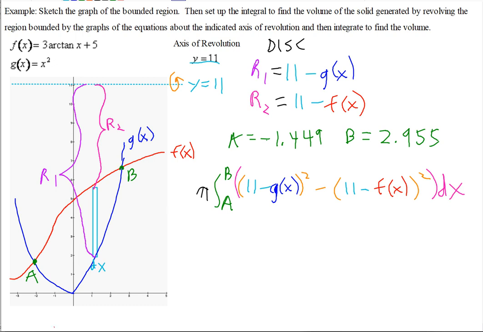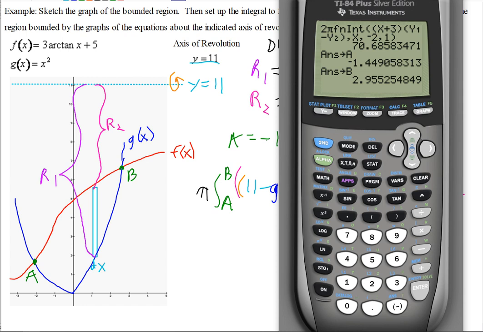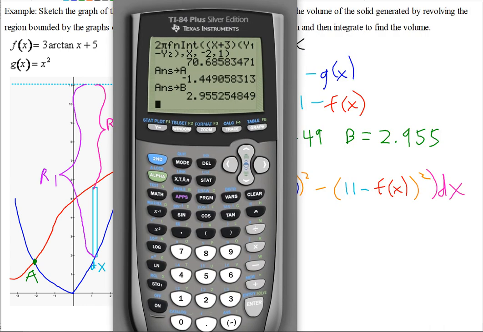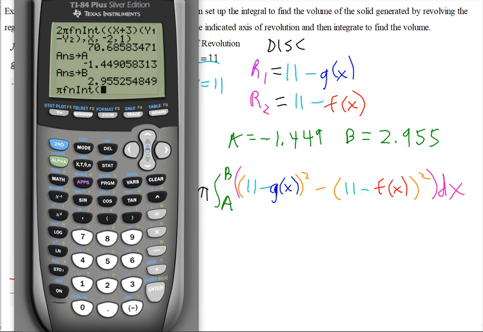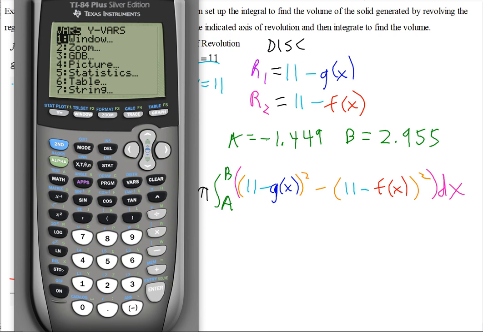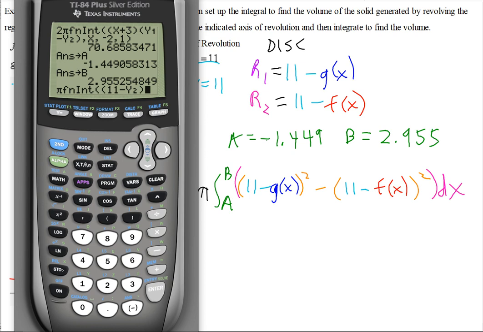And let's go ahead and enter that in our calculator. So we have pi on the x side, second pi, and then math number 9, function integrate, and then we're integrating, in this case, open parentheses for the orange one here. 11 minus g of x, that was our y2, so vars, y variables, y2, close parentheses, squared. They've got to be squared separately.